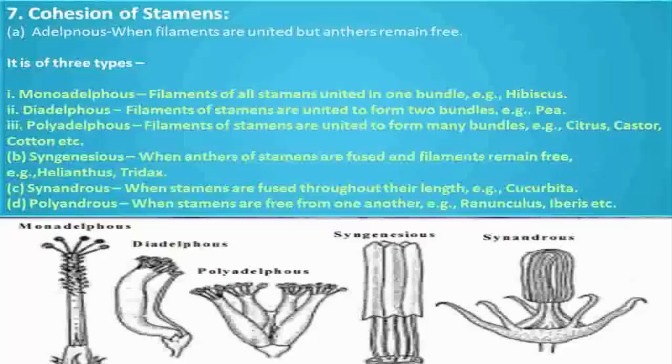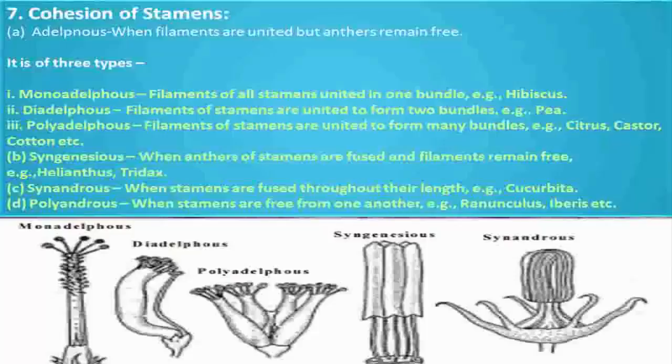This is one bundle, second bundle, third bundle, and fourth bundle. That is seen in citrus, castor, cotton, etc. So these were the three types of adelphous, where the filaments are united but the anthers remain free.